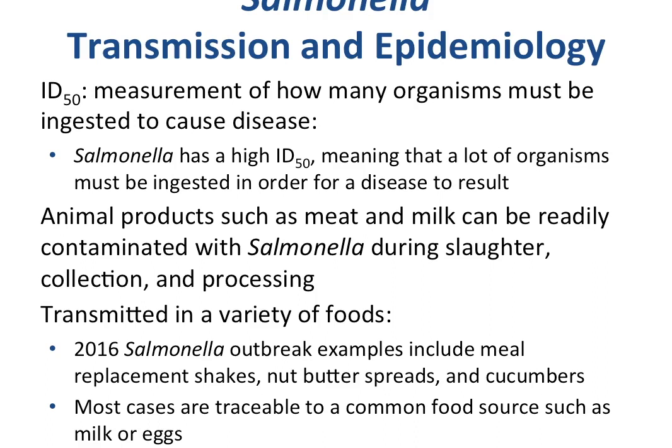Salmonella has a high ID50, which means people need to ingest a lot of microorganisms to get disease. When humans eat meat or milk contaminated with Salmonella, that will cause problems. Also eggs; if we eat raw egg, that may cause salmonellosis.